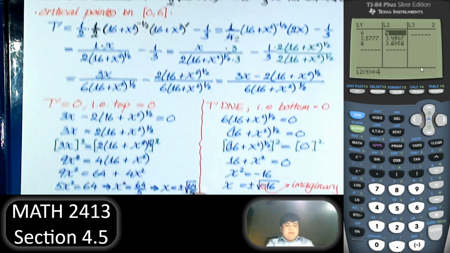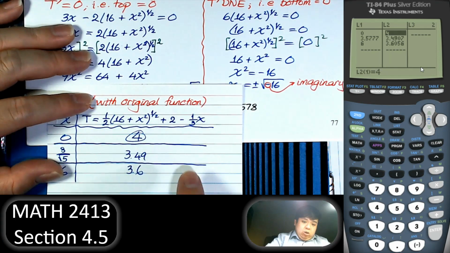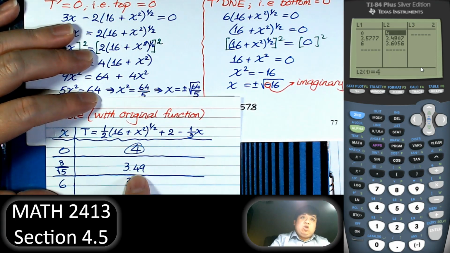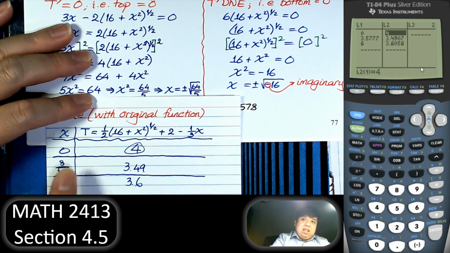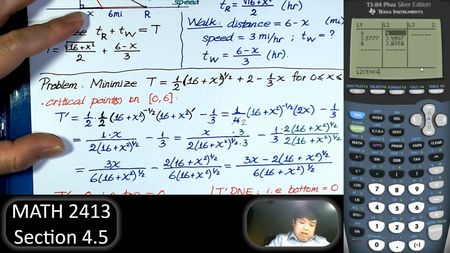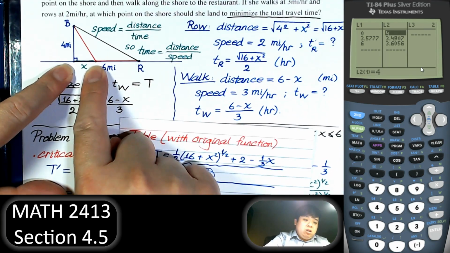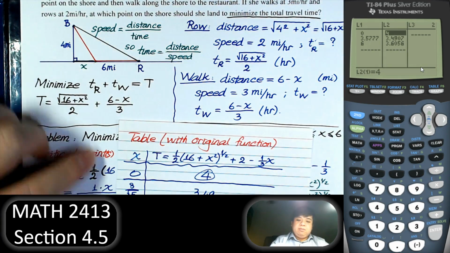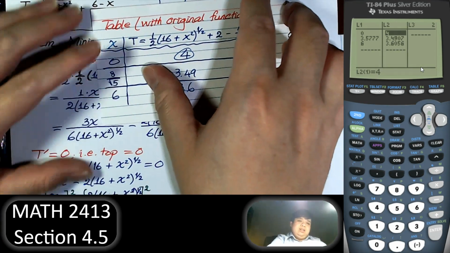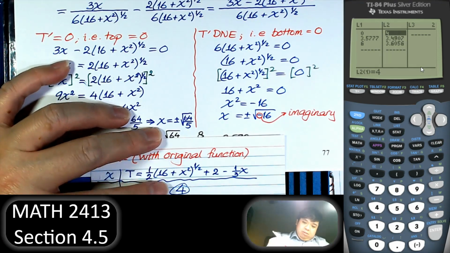So of course, after the table, we conclude that the total minimum travel time is 3.49 hours, if she goes to a point that is about 3.578 miles from the closest point to the boat on the shore line. So you get the idea. Of course, this is the absolute minimum.